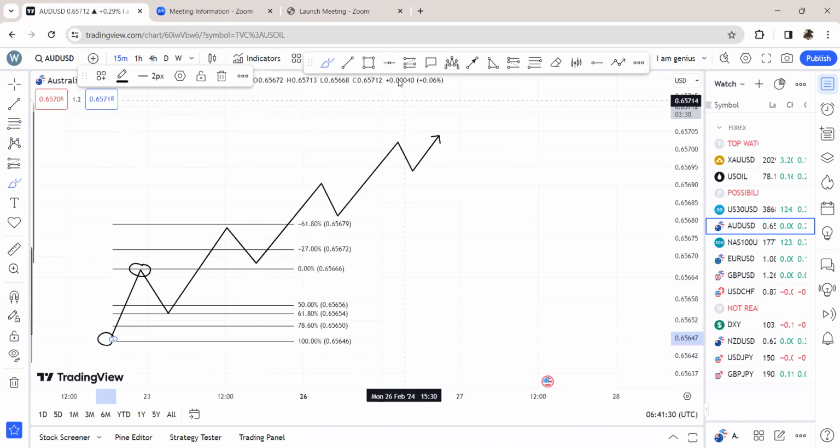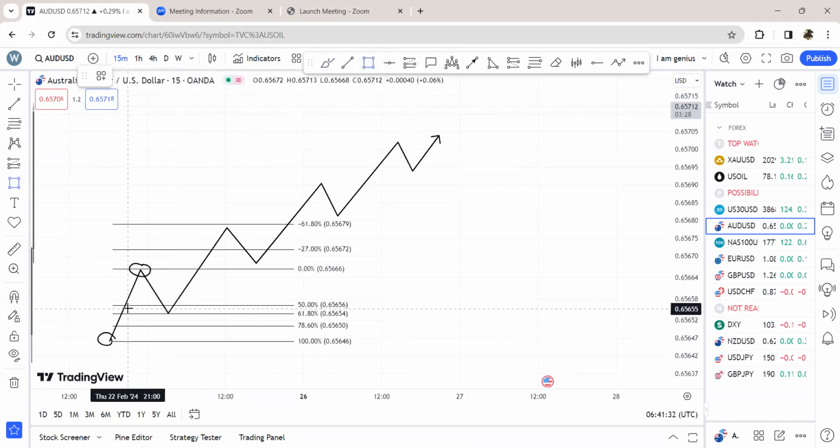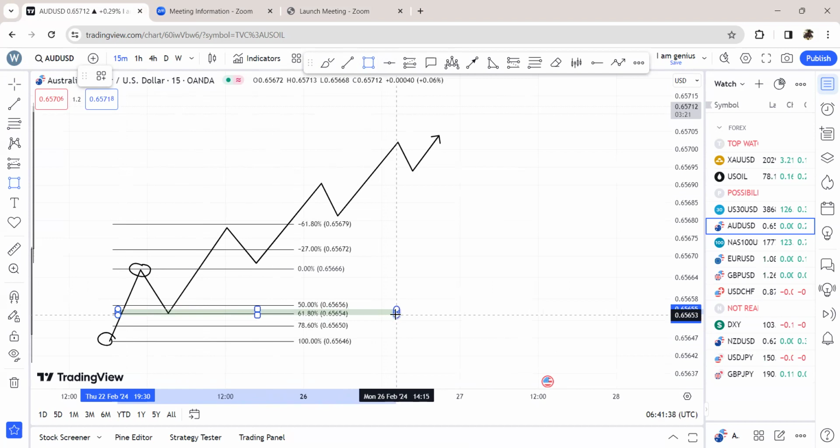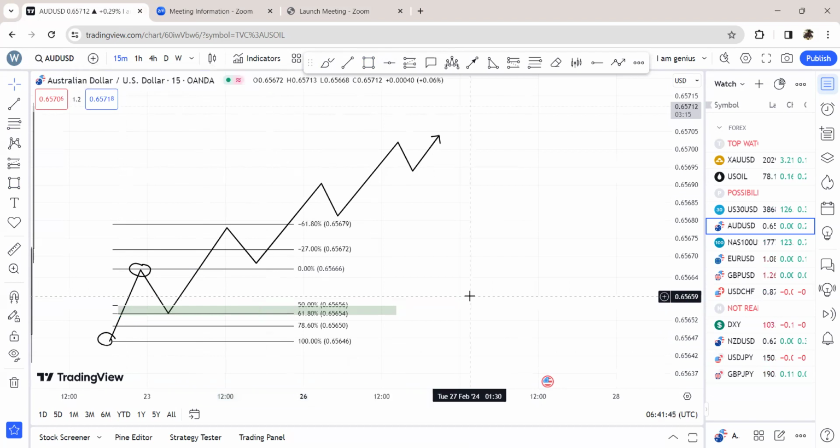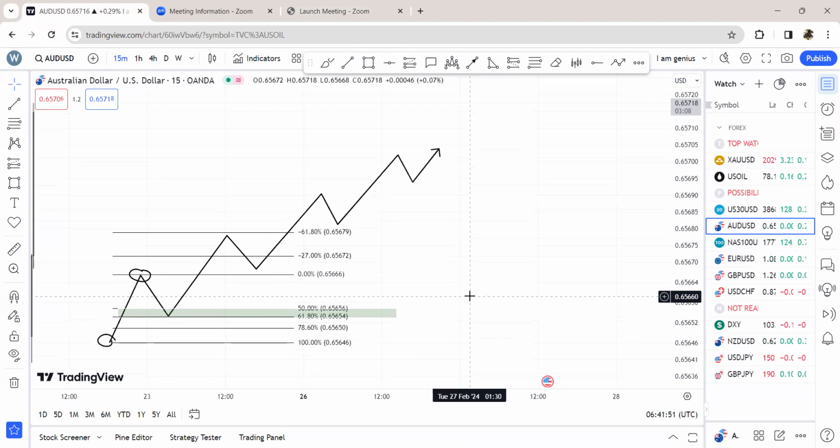And then the retracement usually occurs on this level here. That level is called the golden ratio. It's the 50% to 61.8%.